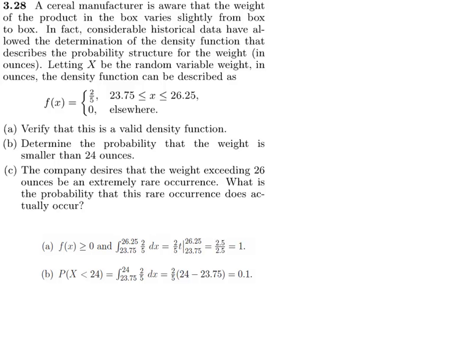And the third one is the company decides that the weight exceeding 26 ounces be an extremely rare occurrence. What is the probability that this rare occurrence does actually occur? So if you were to express that probability as an integral, what will be your limits? And that is a question.